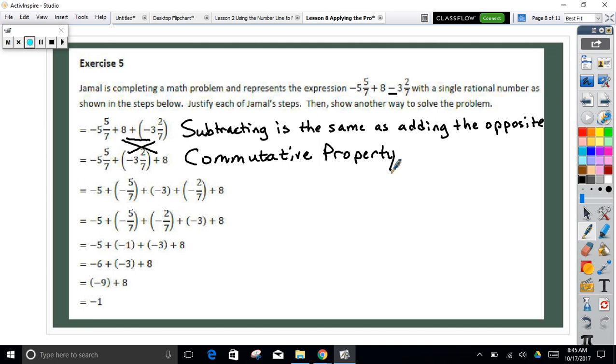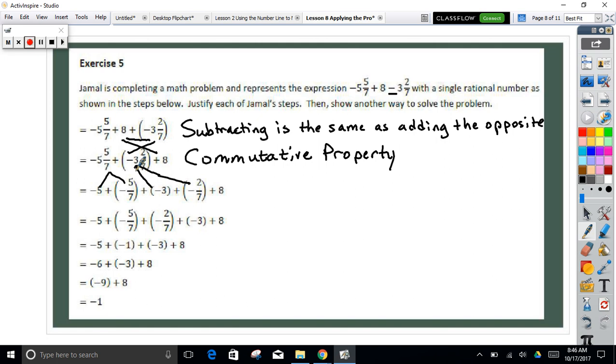You don't have to have the correct terms. Okay, good. So the way you explained it was just fine. So they separated the numbers. They separated -5 and 5/7 to make it -5 plus -5/7, and then they separated this one as well.